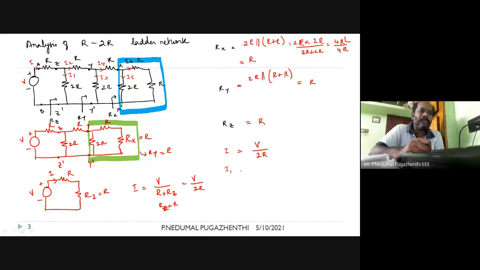Now I have to go for my branch currents. You know the formula for current division, and if you apply that formula, finally you will get every branch current available: I1, I2, I3, I4, I5, I6, etc. Yes or no?